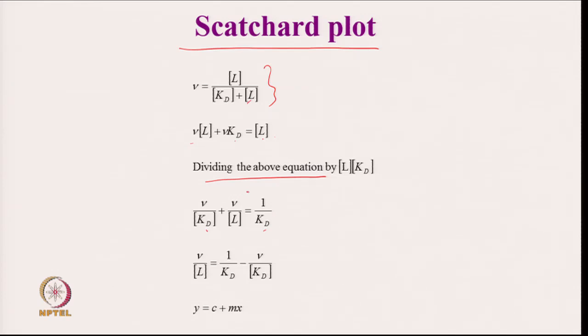And if I take nu by K D this side, what I am going to get is nu by L is equal to 1 by K D minus nu by K D. Now, we have an equation where I can plot nu by L versus nu, and I can get K D from the slope, because this is an equation of a straight line.